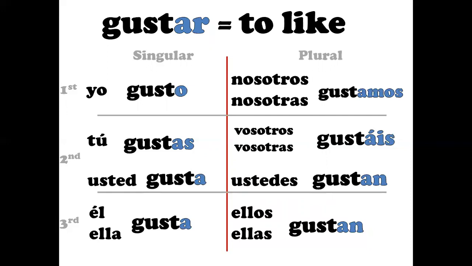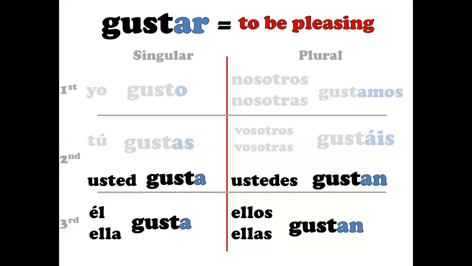That is not how Spanish works. That's not actually how you say you like something. It's not to like. It's to be pleasing. All right, gustar means to be pleasing, which means that we use only, most of the time, only gusta or gustan. None of those other ones.